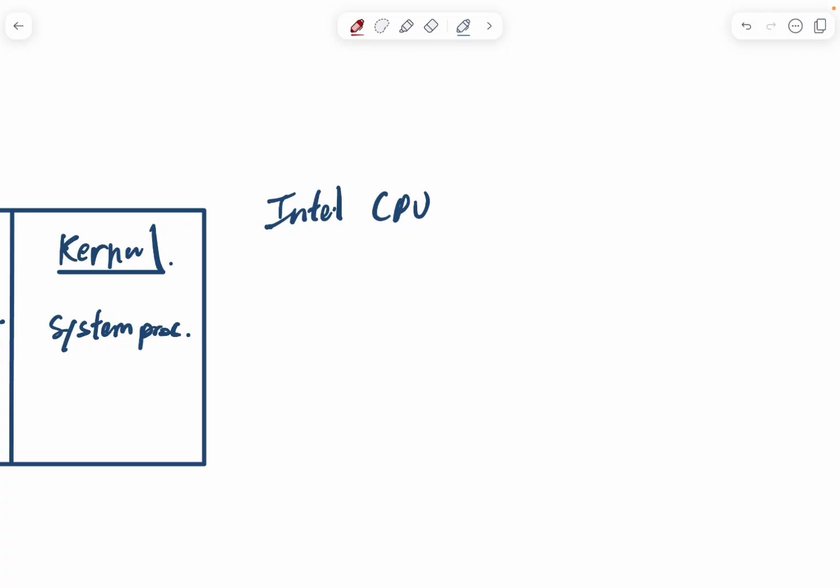So for example, when you're trying to access a memory sequentially, the Intel CPU is gonna predict the next memory that you're gonna access, and then it tries to access that memory first and do the calculation first.